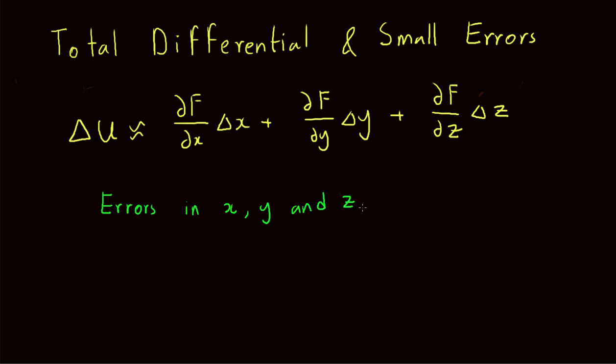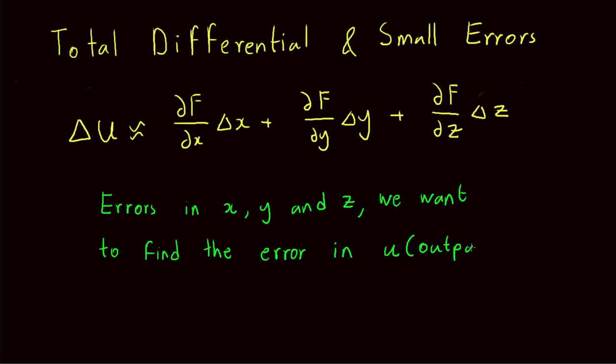If we have errors in those, we want to find the error in u. U is basically the output of the function itself, right?